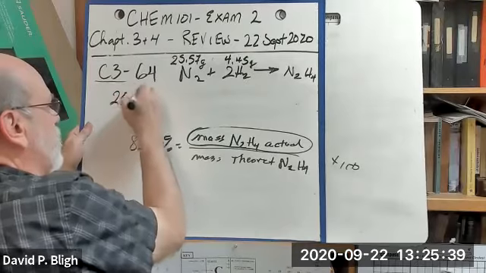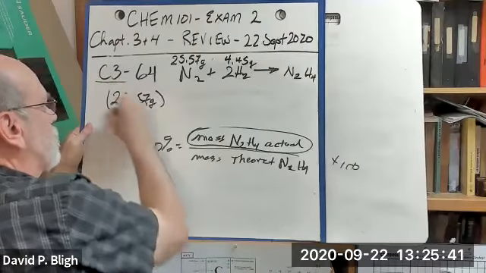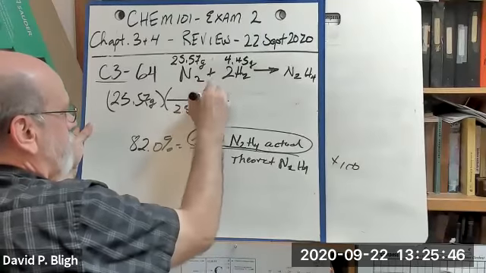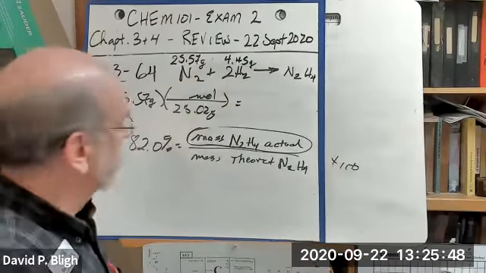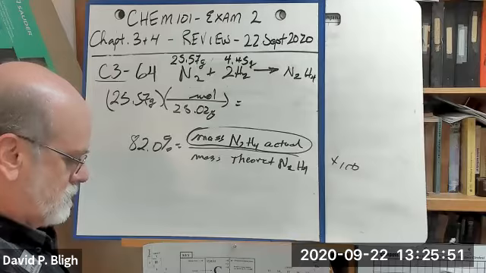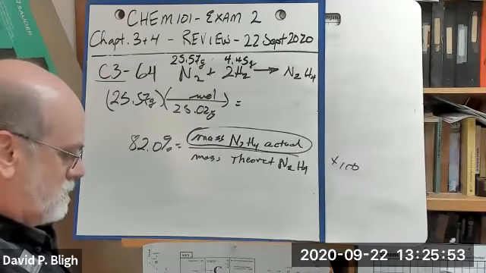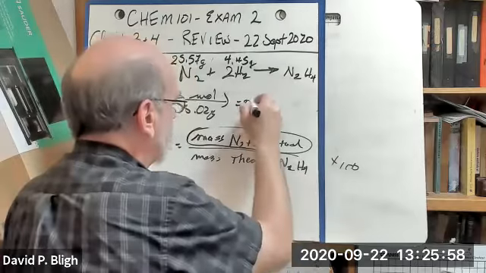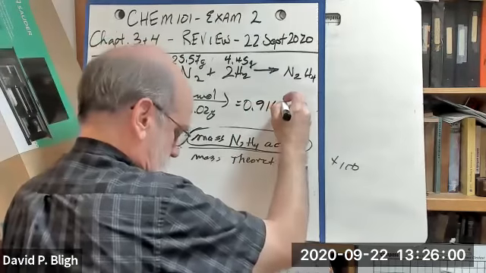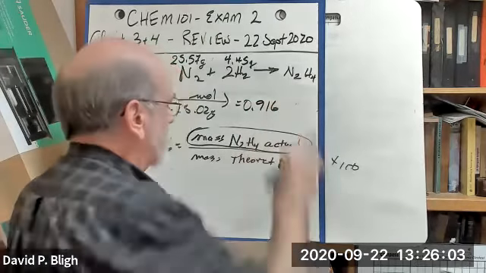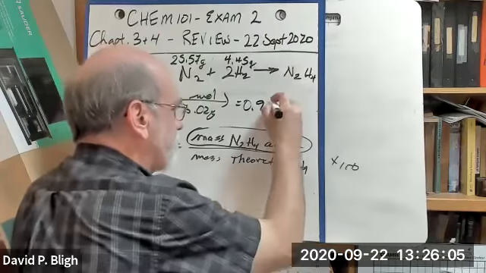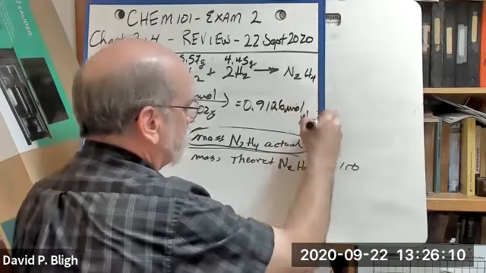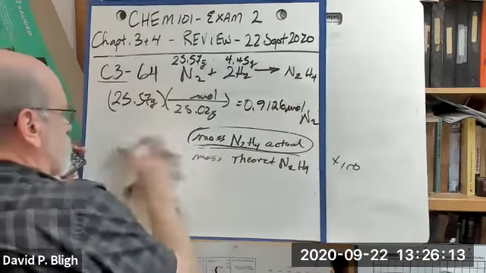So 25.57 grams divided by 28.02 is 0.9126 moles of nitrogen.